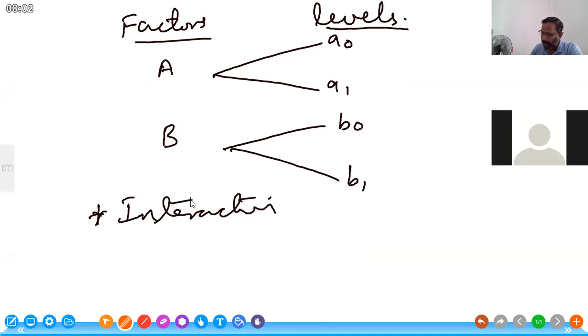Last time we talked about what is interaction: the different response of the factors at the different levels of other factors. That is basically called the interaction. Today we will talk a little more on this interaction. Further, we can classify this interaction into different levels of interaction.